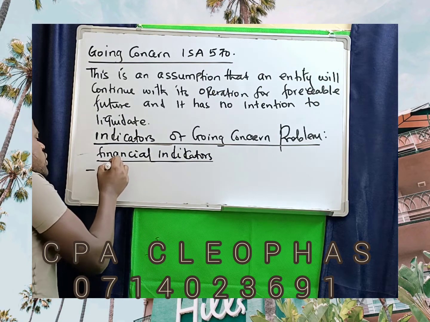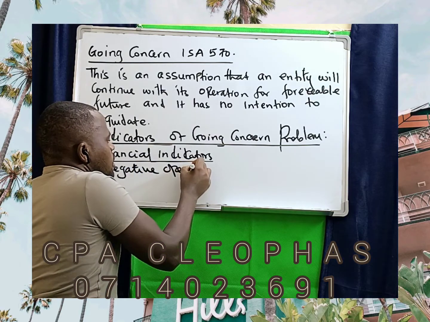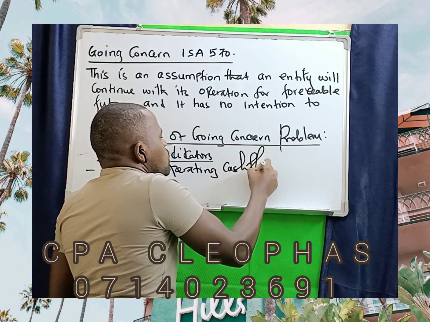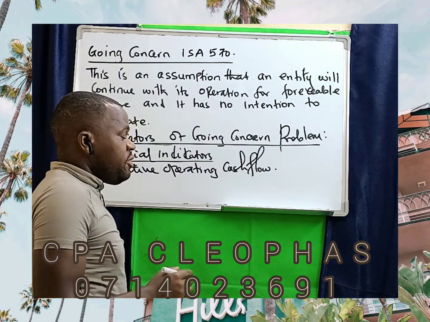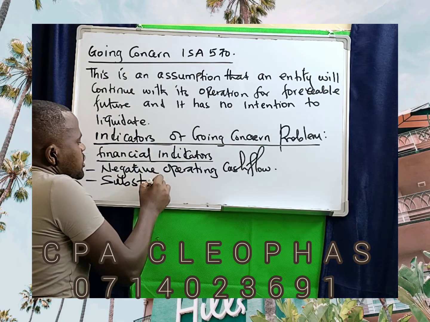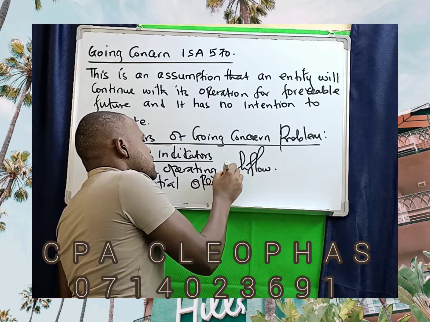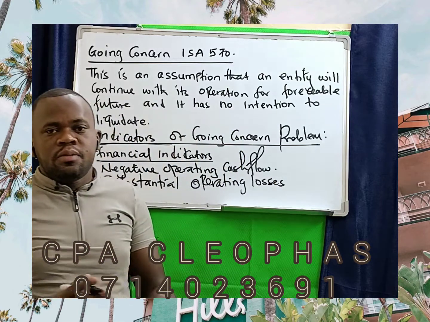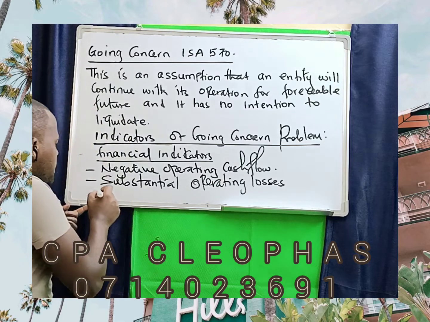One is negative operating cash flows. Again, if the company is making substantial operating losses, then that's a threat to the going concern of the company.